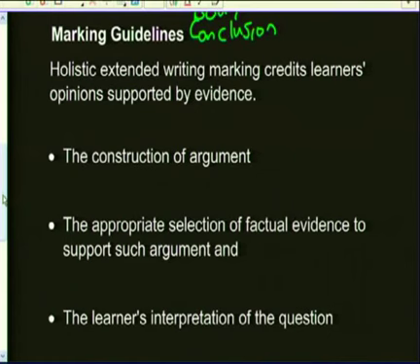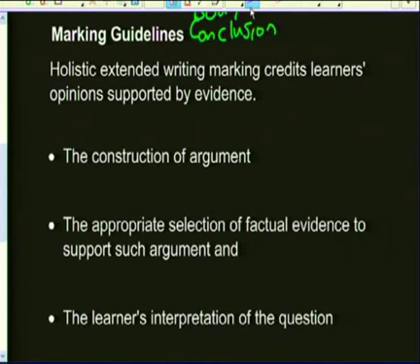They would look at how you select factual evidence to support the argument. So remember, you're using all the sources to construct this argument, and you are not rewriting the sources. So the selection of evidence is very, very important. I'm going to underline that. Selection of factual evidence to support your argument.